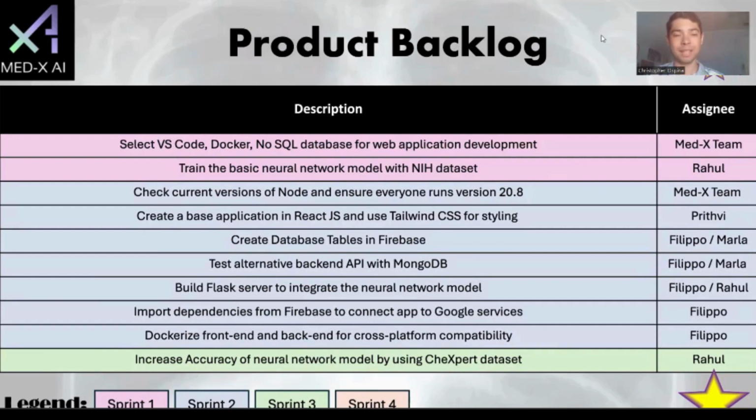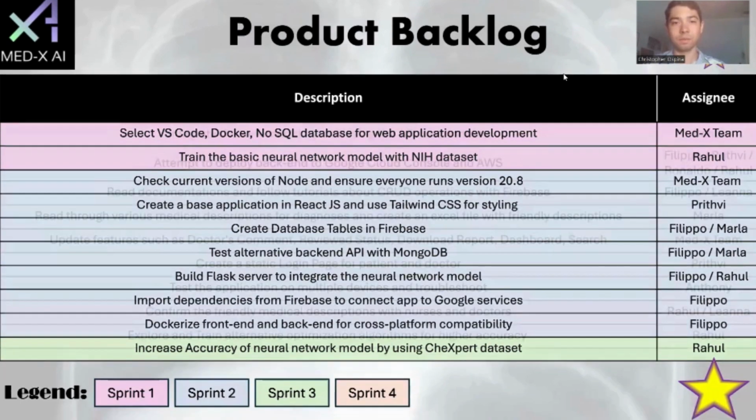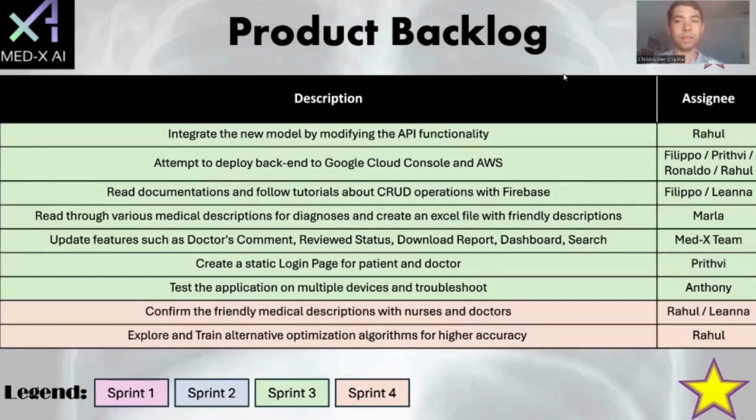And in the last sprint, we Dockerized the front end and back end for cross-platform and machine compatibility. In the previous sprint, we also fulfilled requirements for the back-end development process, such as integrating the model with the API, learning how to perform CRUD operations with Firebase, and creating a static login page to test its functionality.